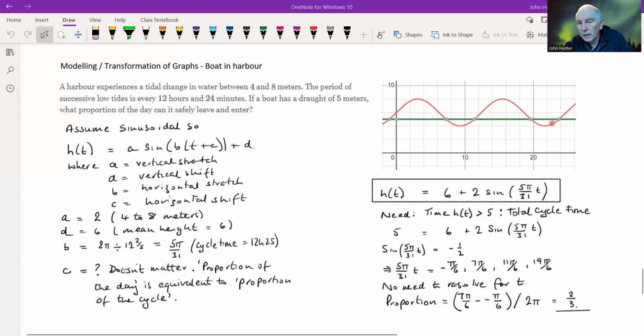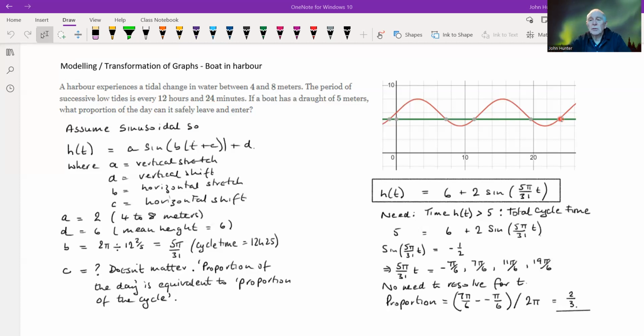But the following day, which would start here, it's not going to be that, is it? Every midnight we'll see a different height, because this cycle doesn't fit into 24 hours. So it doesn't actually matter.